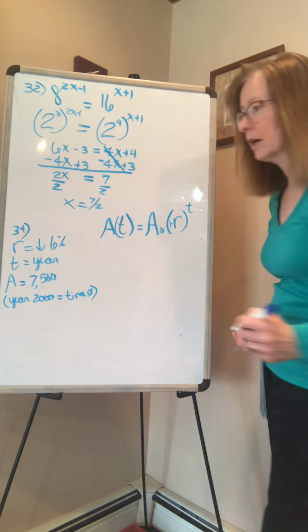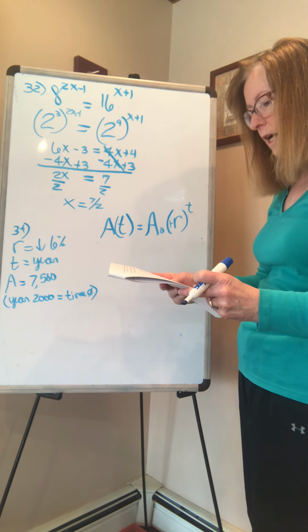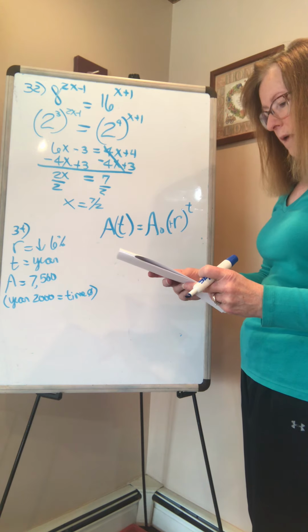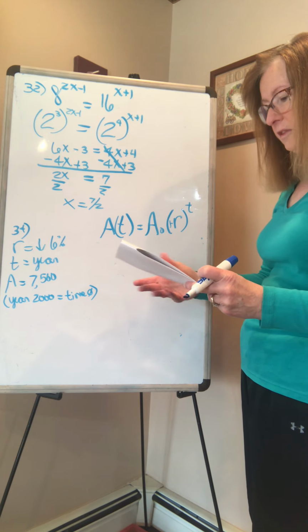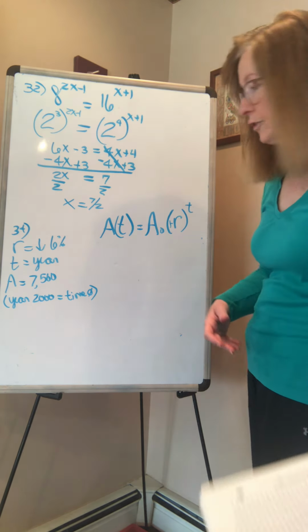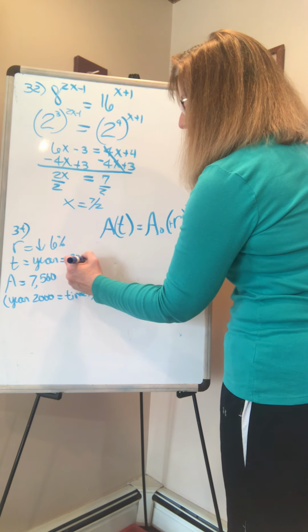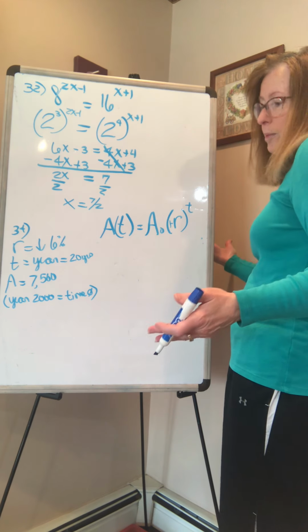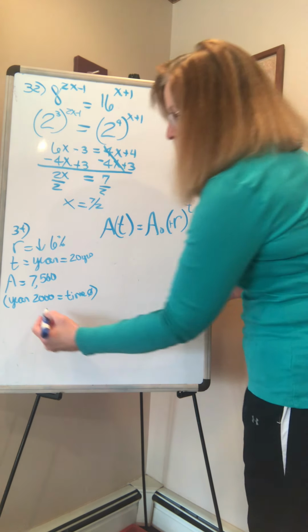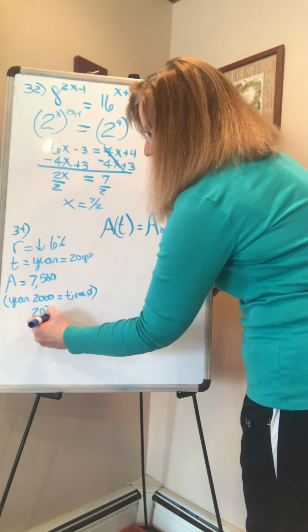This is where we're starting from. And they want to know how many people we should have in 20 years. So now they're actually giving me 20 years. So basically we're asking what's the population now in 2020. So in 2020, that's our answer.